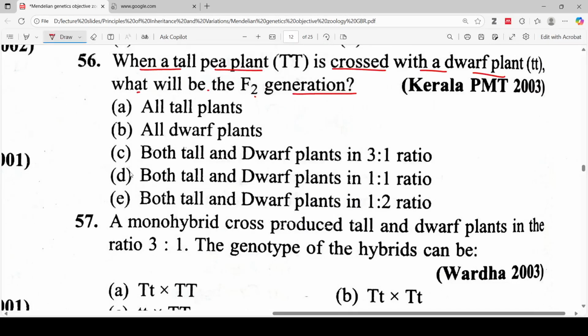So the correct answer will be option C, both tall and dwarf plants in the 3:1 ratio.